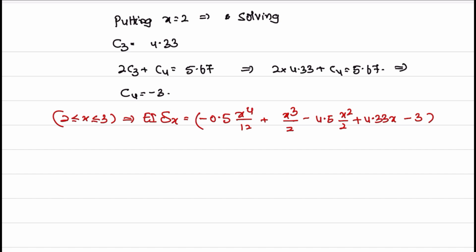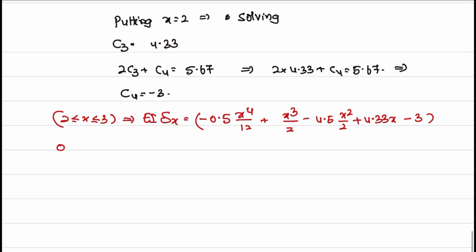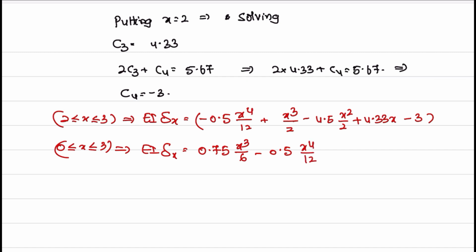EI into delta x. For the portion 0 less than or equal to x less than or equal to 3, EI into delta x is equal to, we have already got in the first portion. What is that value? 0.75 x cube by 6 minus 0.5 x to the power of 4 by 12 minus 0.167.